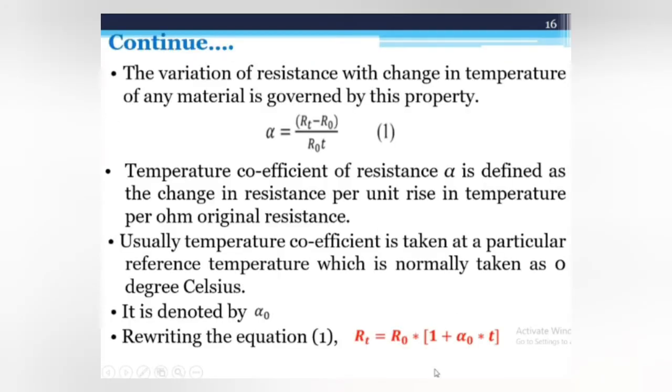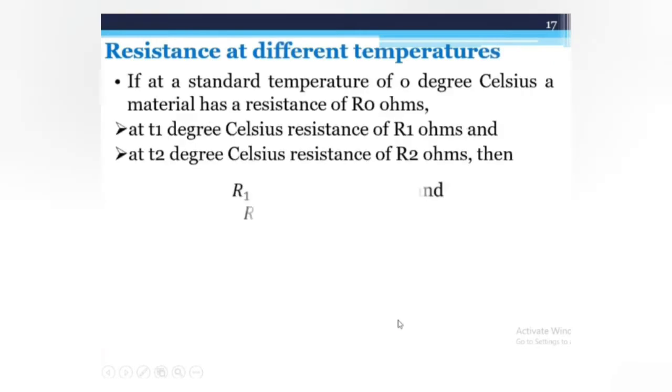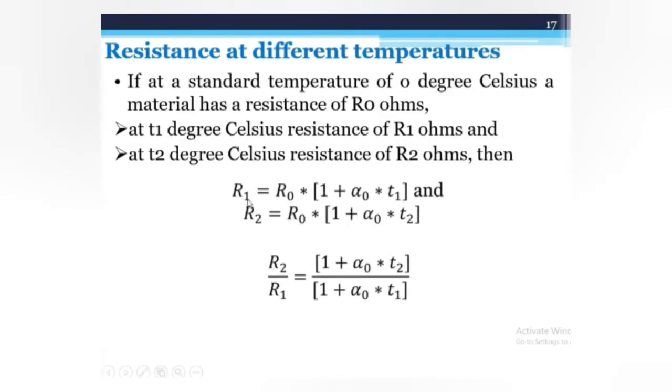We write these equations by reference to the earlier relation. Taking the ratio of R2 by R1, we get R2 upon R1 equal to 1 plus alpha 0 T2 divided by 1 plus alpha 0 T1.